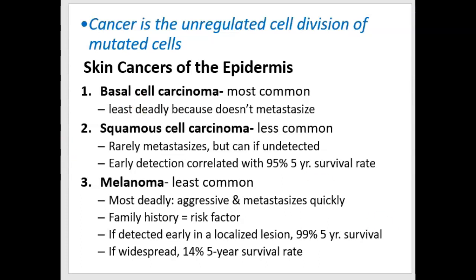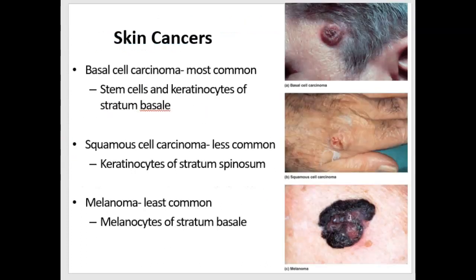So let's see if we can tell the difference and talk about what kinds of cells are involved. Basal cell carcinoma is happening in the stratum basale, where there are stem cells that are already dividing and keratinocytes that are working on dividing or have just divided and they're maturing.